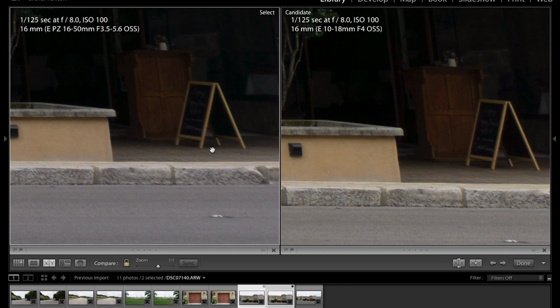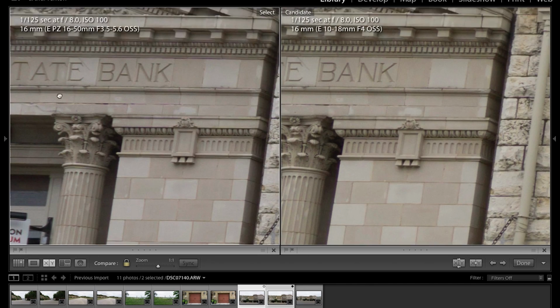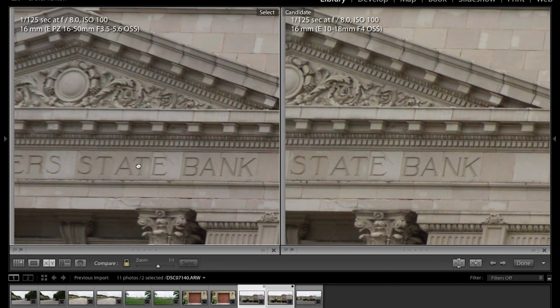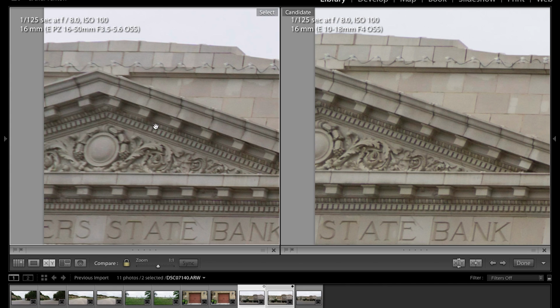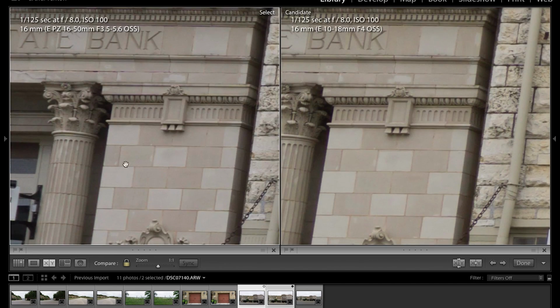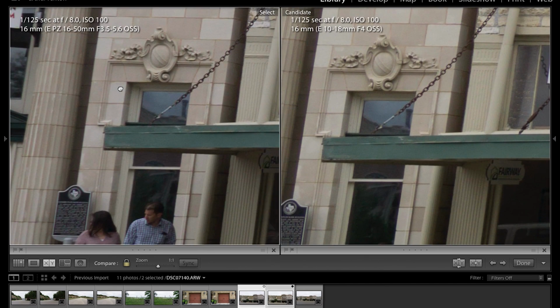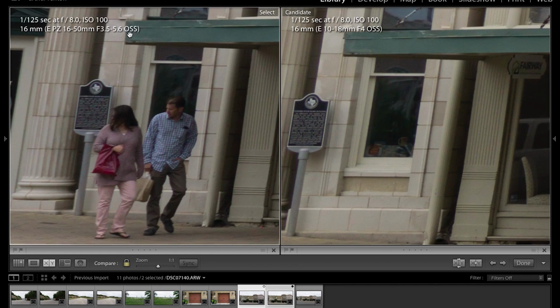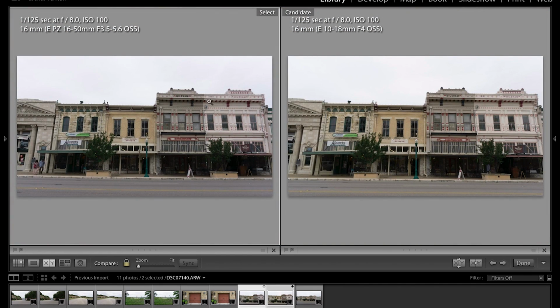Maybe slightly better on the 10-18, but just barely. Let's take a look at this side. Yeah, it's close. Really not much of a difference between these two lenses when you're shooting them at 16mm like this.